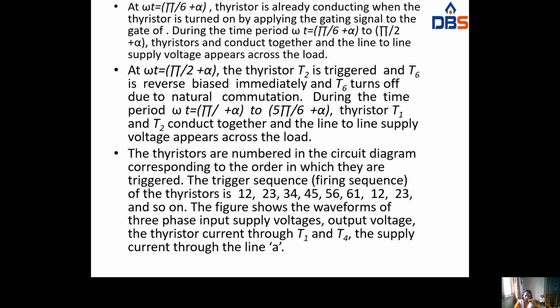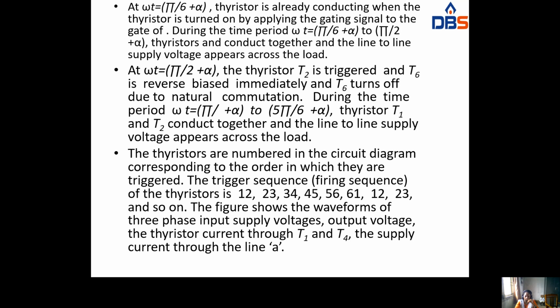At 5 pi by 6 plus alpha, the thyristor is already conducting when it is turned on by applying a gate signal. During the time period omega t equal to pi by 6 plus alpha to pi by 2 plus alpha, the thyristors conduct together and the line to line supply voltage appears across the load.